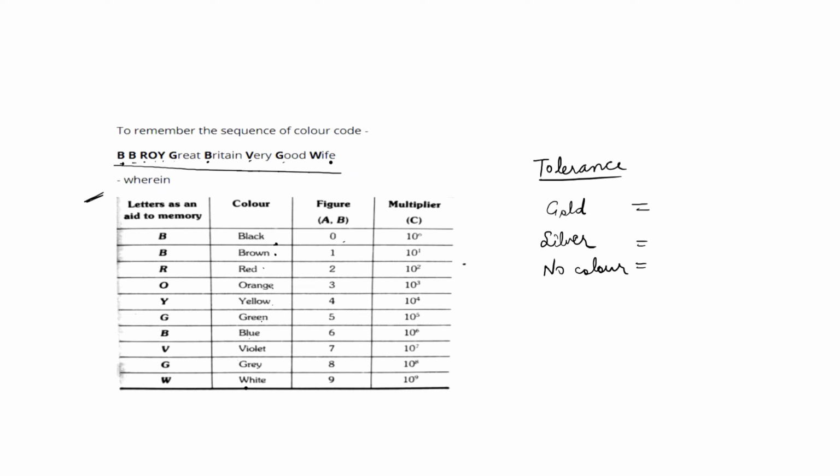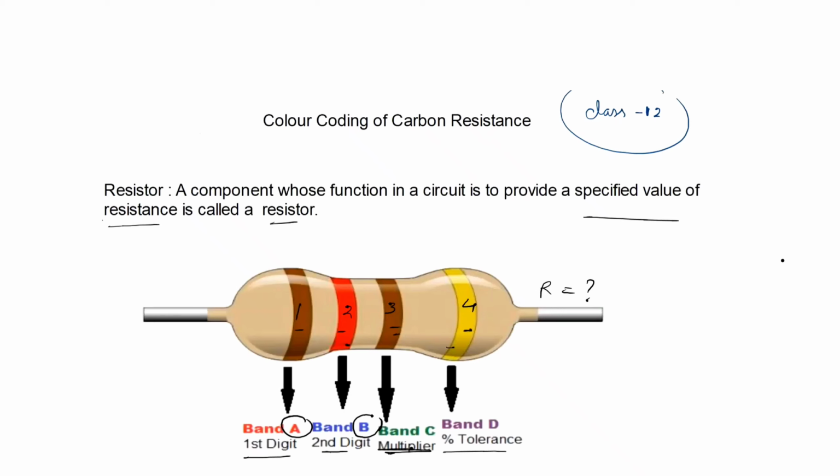In the previous slides you have seen the third band, which is known as band C, and I told you earlier that it is a multiplier, which is used to multiply with the band A and band B combination.